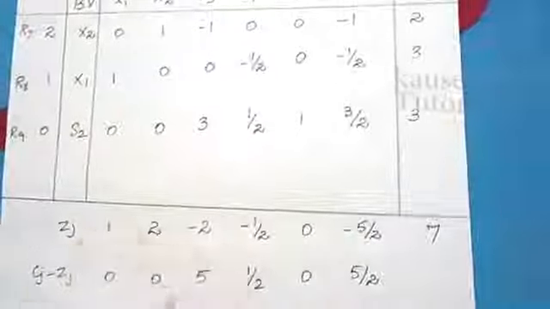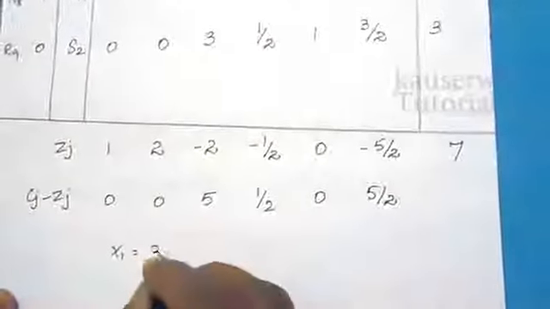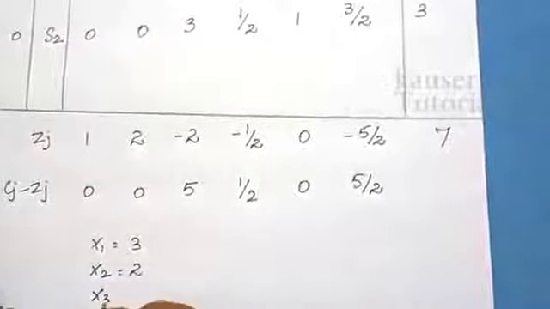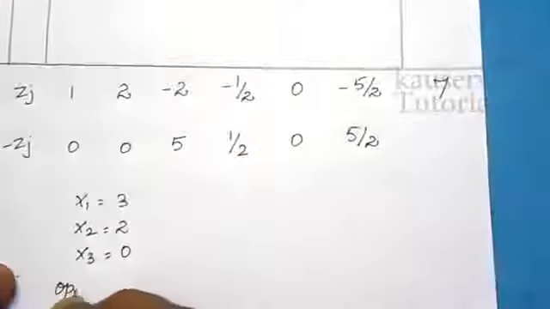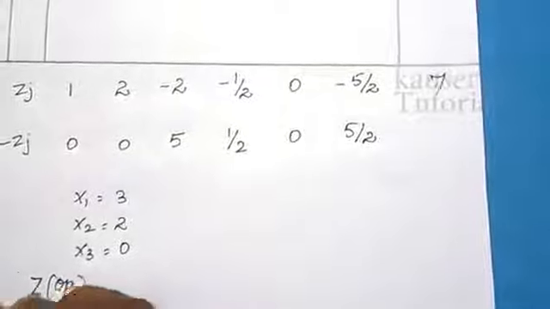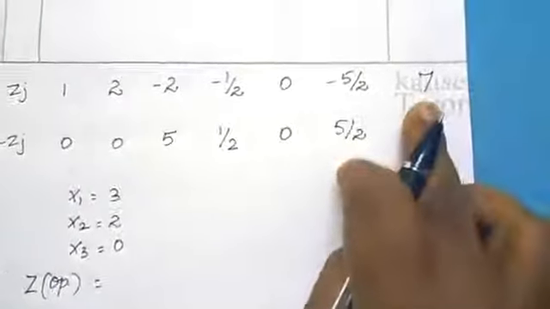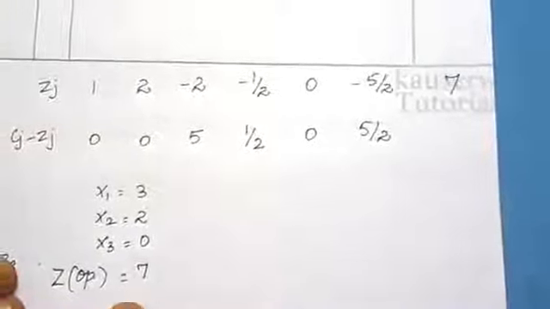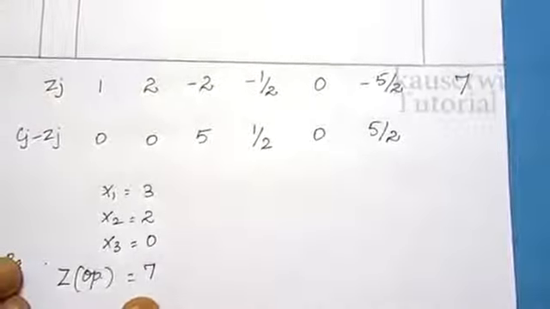So write 0. X1 is equal to 3. X2 value is 2. And x3 value is not there, so put 0. Optimal Z value is, look at the solution total, 7. So 7. Now you can check the answer by applying this value in the objective function.